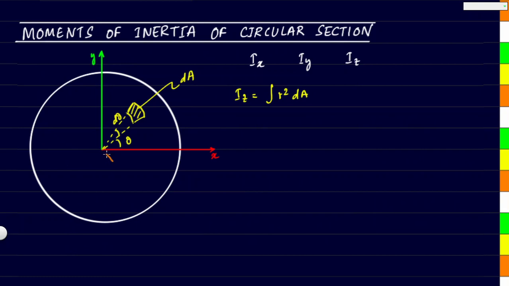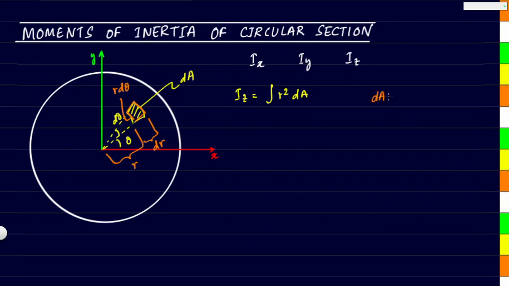Now this elemental area will have a distance here as r, and this distance here will be a small elemental distance, that is dr. Coming to this arc length, that arc will have a length equal to r into d theta, and what we see here as the elemental area will be almost similar to a rectangle.